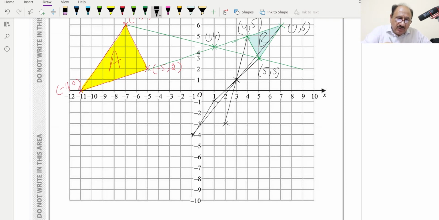So if I take the other color, basically this one, so we will get this triangle like this. So we can shade this triangle. This is the required triangle which we have done, and the coordinates also we can mention.